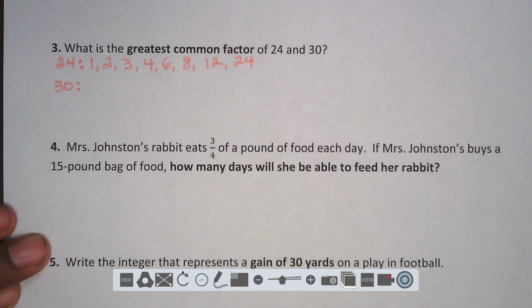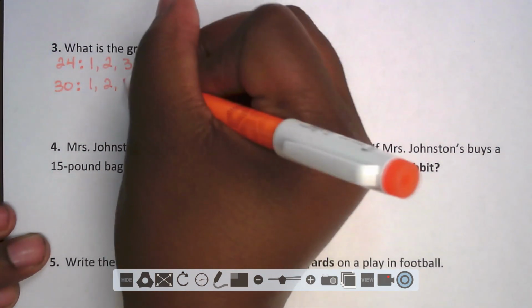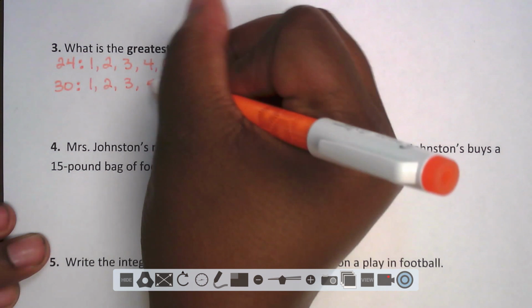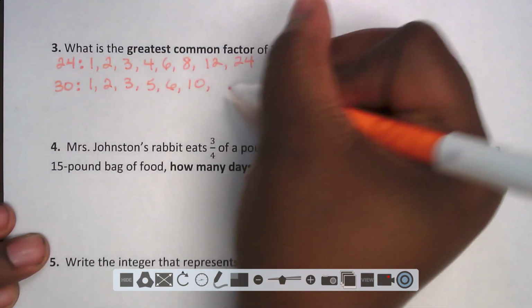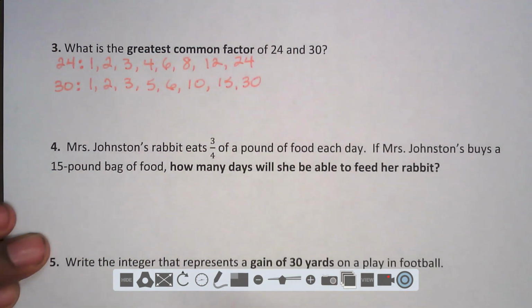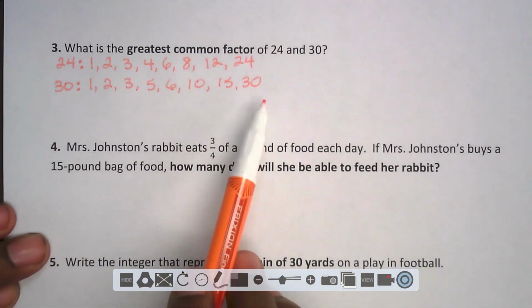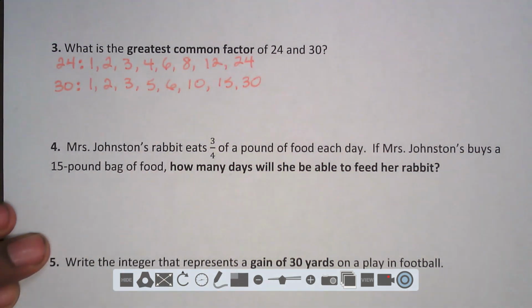So I'm all set. Now for the 30. 1, 2, 3, 5, 6, 10, 15, and of course 30. Let's check the pairs. 1 times 30, 2 times 15, 3 times 10, 5 times 6. We're all set.